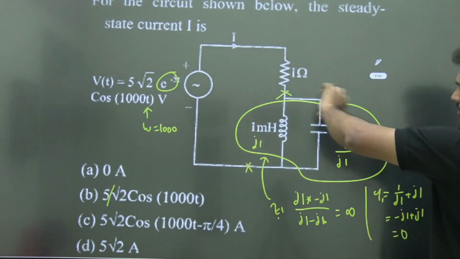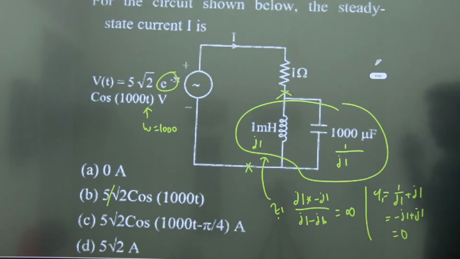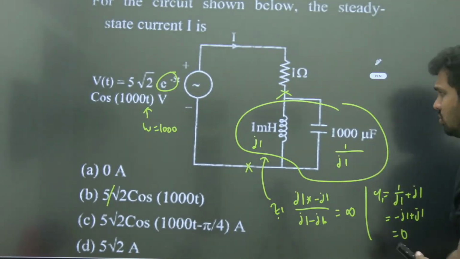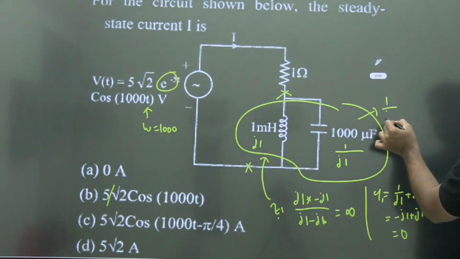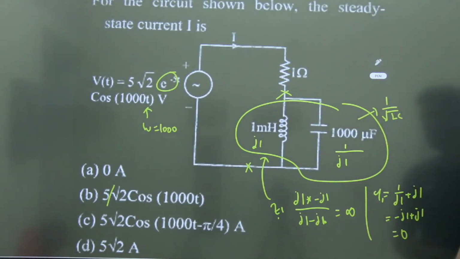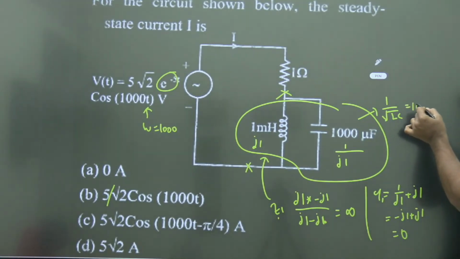When it is open circuited, you can also do 1 by root LC for the parallel circuit. Here you can do like this also. 1 by root LC, what is it, sir? 1 by root LC: 10 power minus 6, root of that is 10 power minus 3 in the denominator, so 1000.